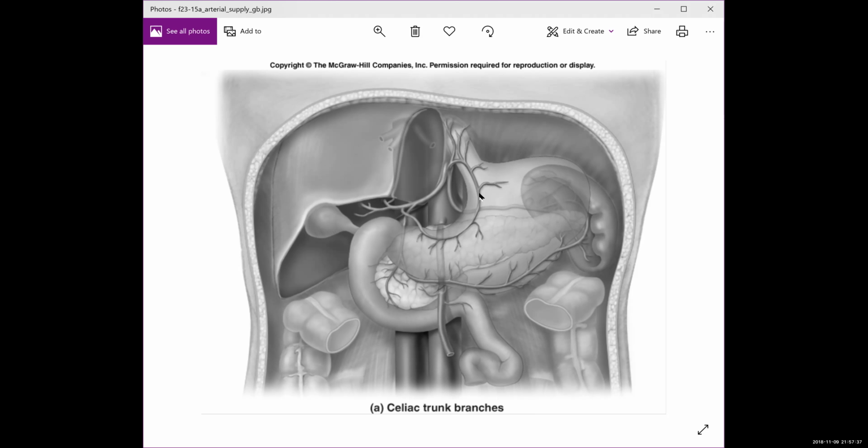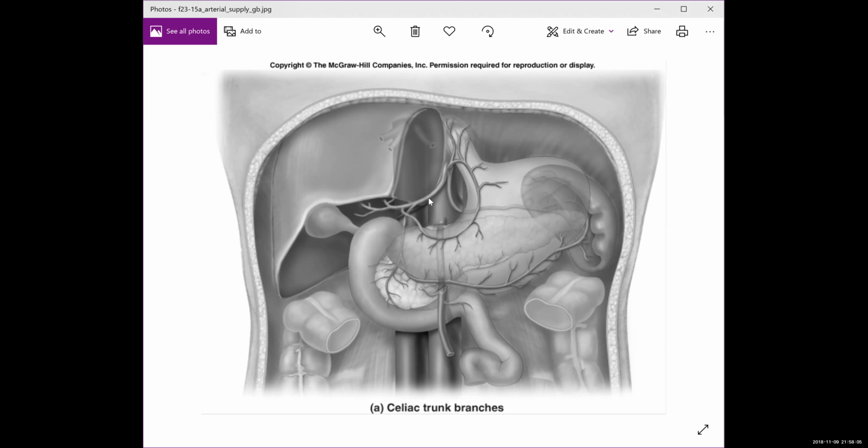Actually, this isn't correct. It's more like a pigtail here, or a curlicue. Splenic artery. Name this vessel that comes around here. Left gastroomental or gastroepiploic artery.